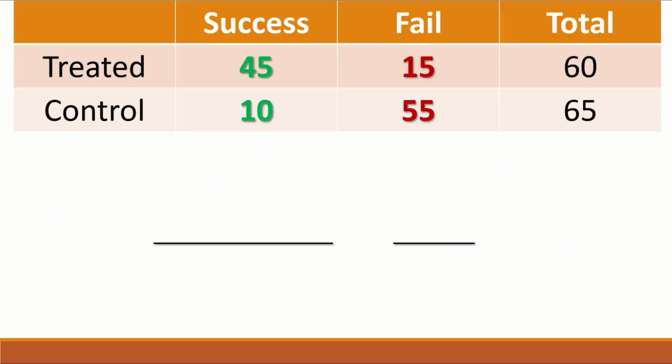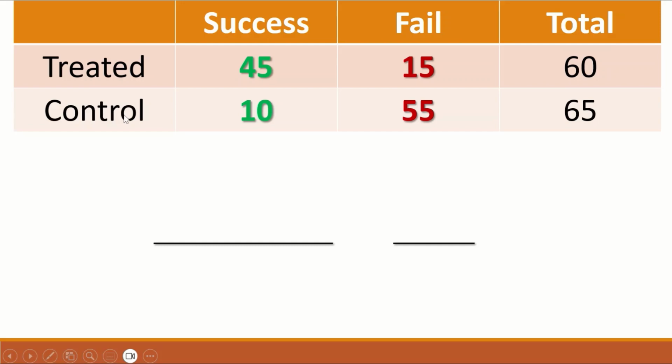Here I have inserted an example to clarify the concept of the odds ratio. Two groups have been assigned, treated and control, and the drug efficacy was counted and measured, and the success of the recovery was recorded as here, 45 for the treatment group, and those that did not recover using the treatment were also recorded, and the total number of participants in the treated group is given here.